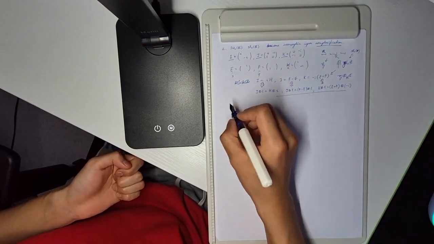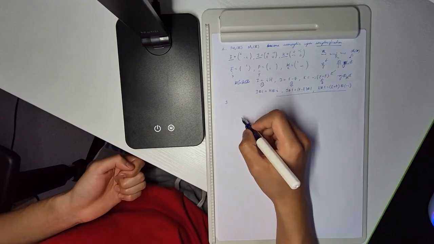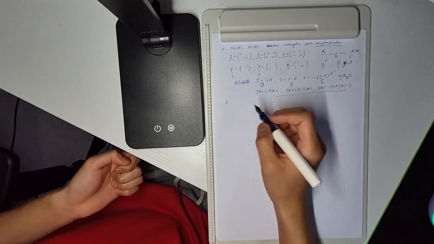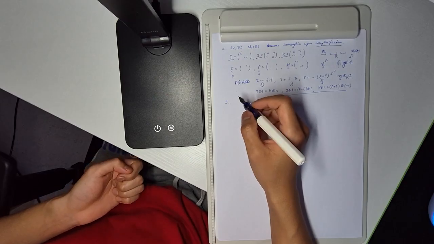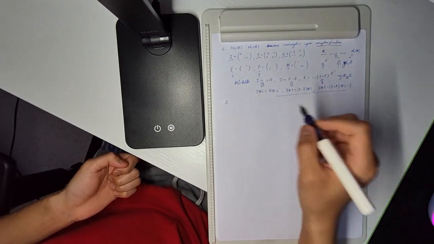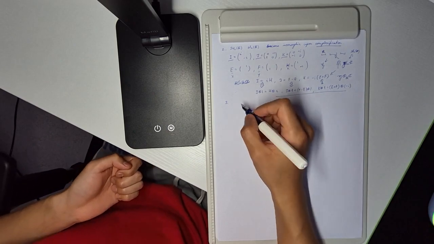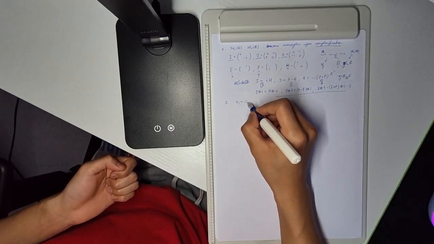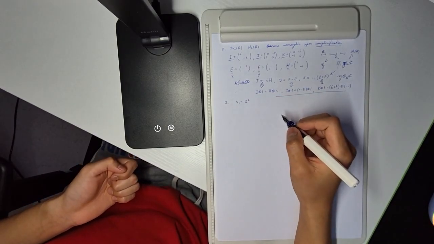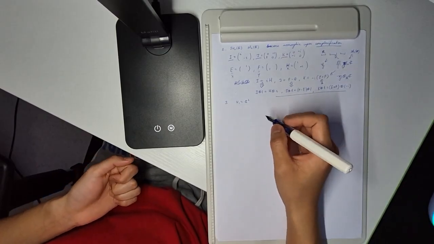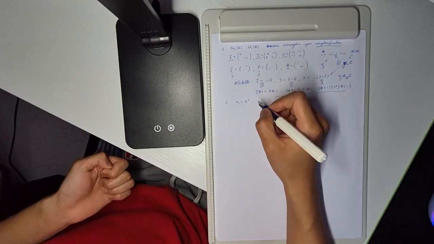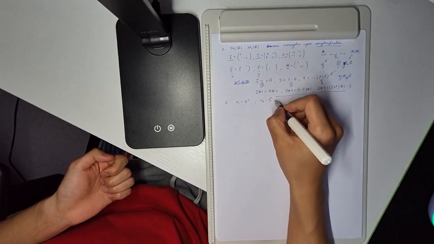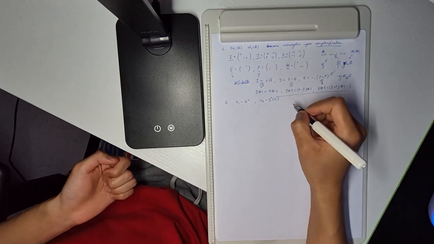Yeah. So the third part is the following. The problem statement is a bit strange in a sense that it reads as follows. In class, we introduced the standard representation of C2 and its symmetric nth power, which we denote by S^n V1.